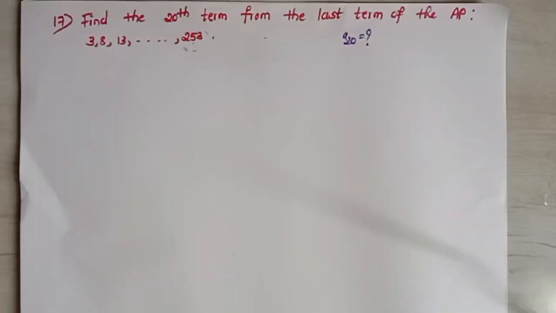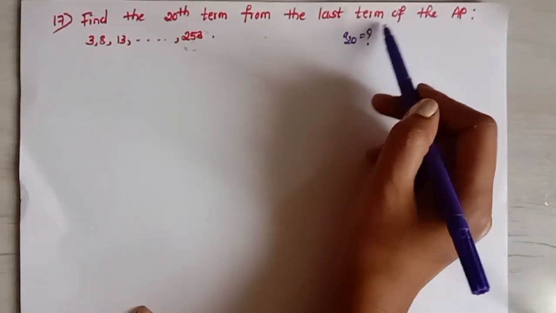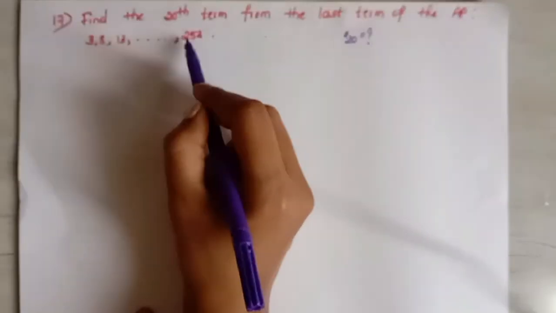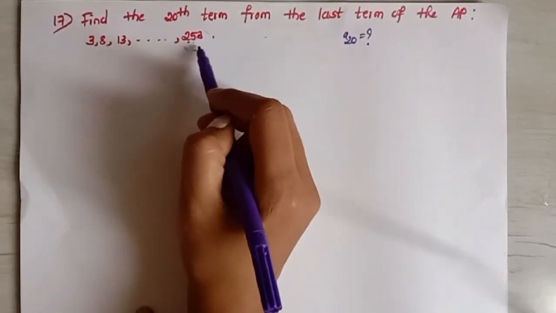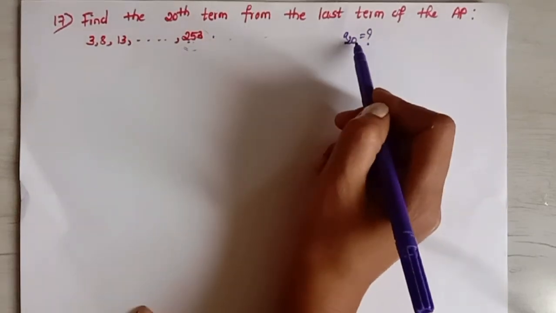The 17th question is: find the 20th term from the last term of the AP 3, 8, 13 and so on up to 253. So what does the question say here? It says that we have to find the 20th term from the last term of the AP. So here from this AP the last term is 253. So starting from this 253 we have to find the 20th term.